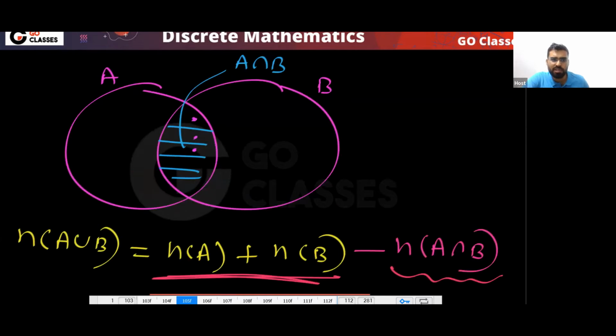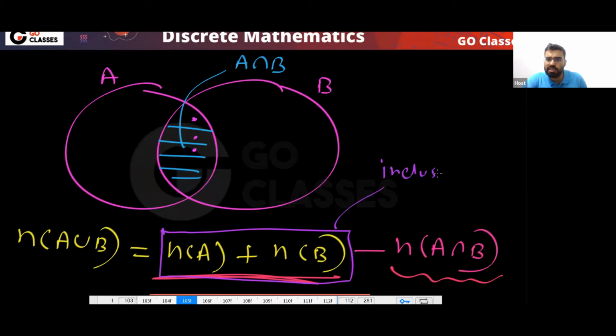First you are including, then you are excluding. Here we are including, this is known as inclusion. First we are including them 2 times, then we are excluding them.